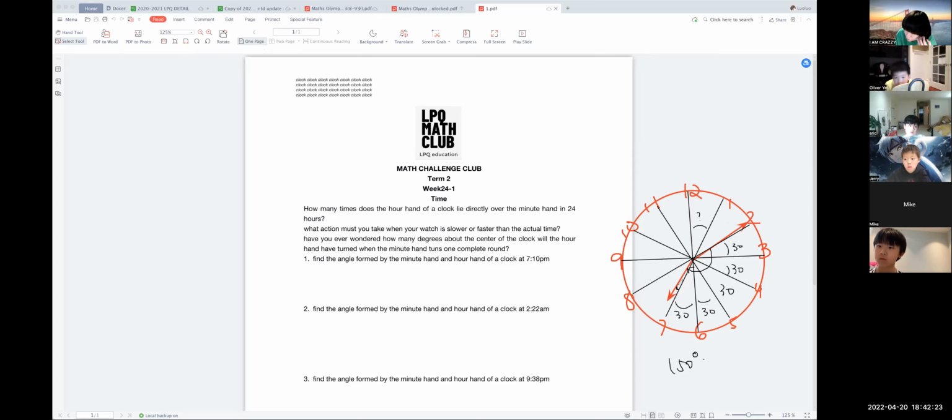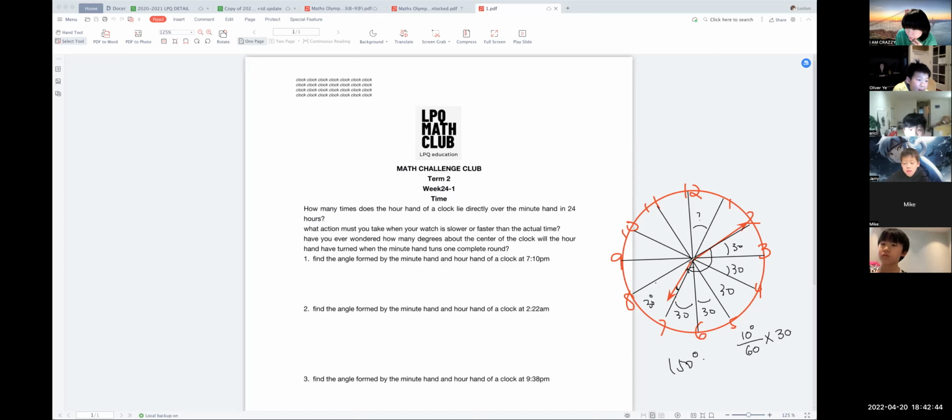Plus we need to do this one. So how much is this one? It is clockwise. So let me ask you: if it is a whole hour from 7 to 8, the hand will go 30 degrees. But this time it's only how much? 10 minutes. So 10 over 60 times 30.